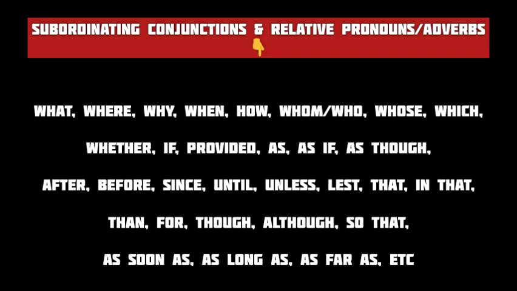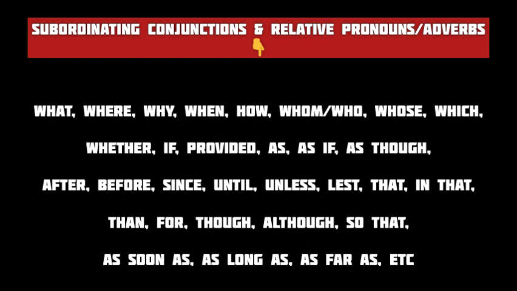Now, this is the list: what, where, why, when, how, whom or who, whose, which, whether, if, provided, as if, as though, after, before, since, until, unless, lest, that, in that, than, for, though, although, so that, as soon as, as long as, as far as, etc.